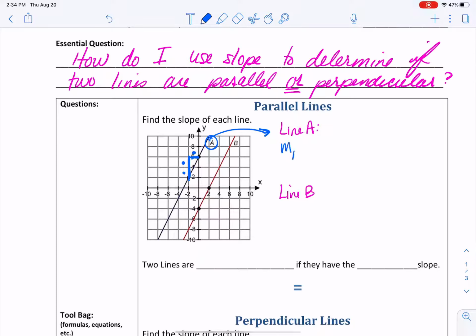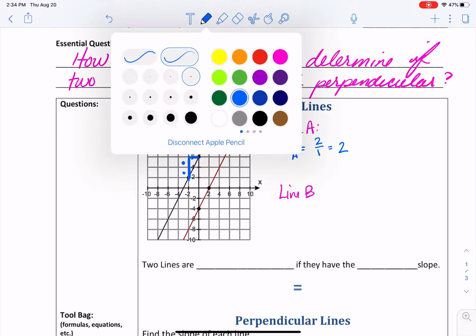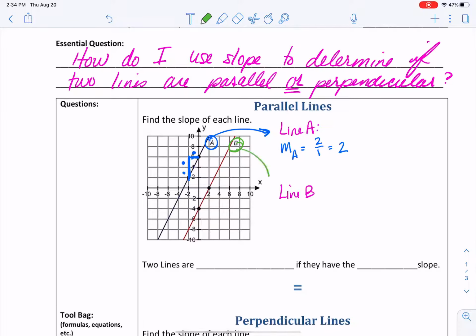So the slope for A is 2 over 1, or 2. The slope for B, and I'm going to draw the little triangle, is again up 2 over 1. So slope B, so M sub B, or slope B, is again 2 over 1, or 2. So when you look at these two numbers, they are the same.